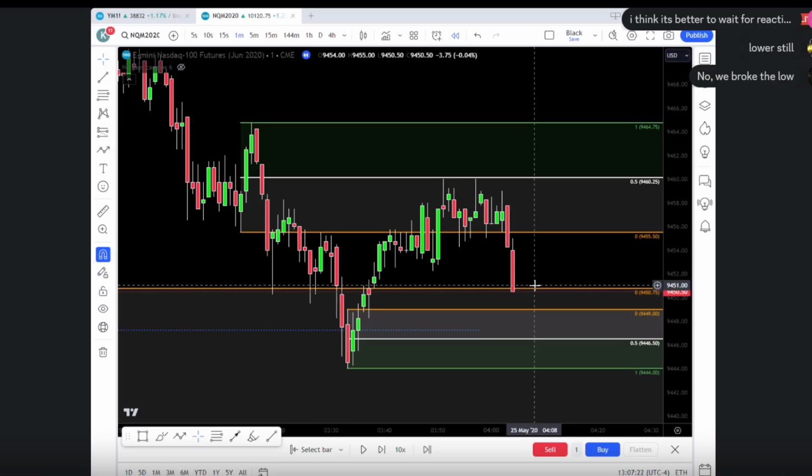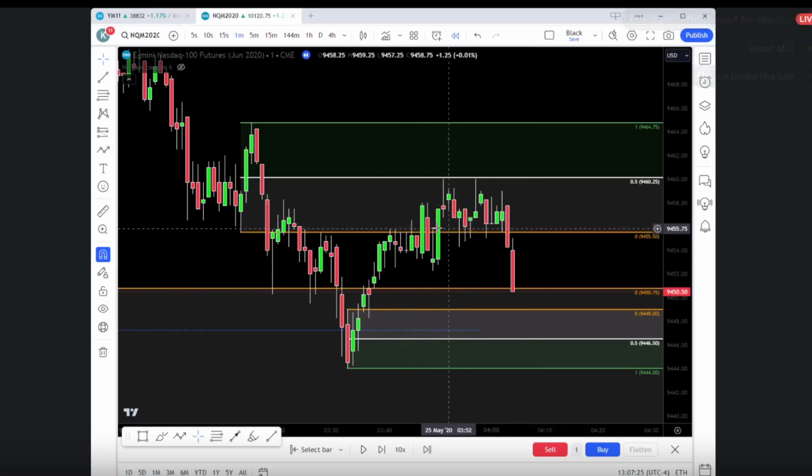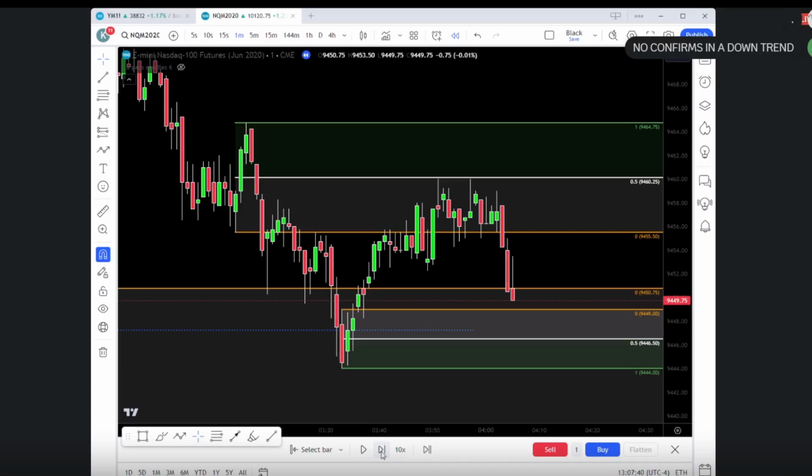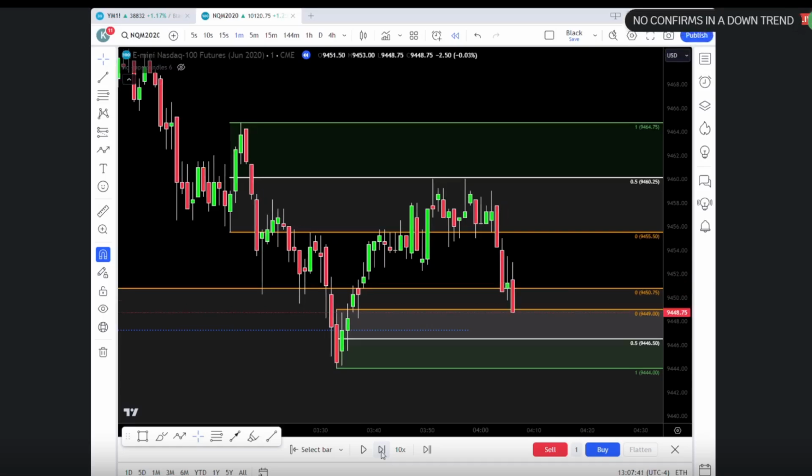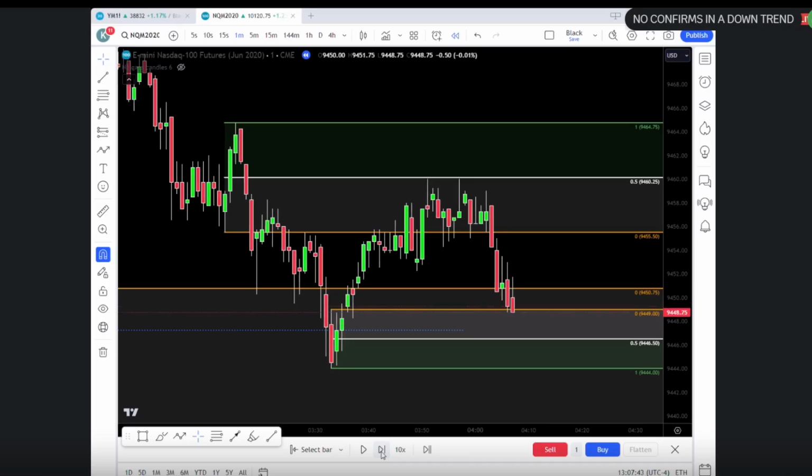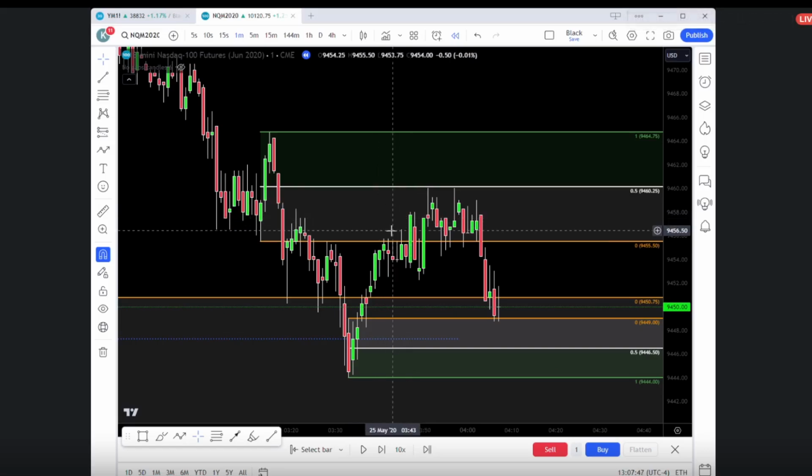Right? We got no valid high in here, which means we had no protected low in here either. Right? We're expecting after we break this to trade back down into our area.